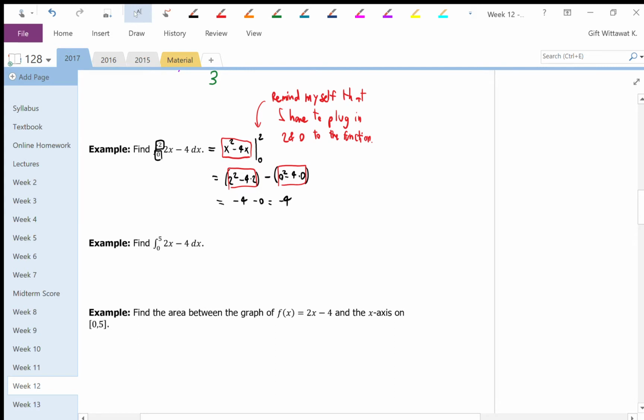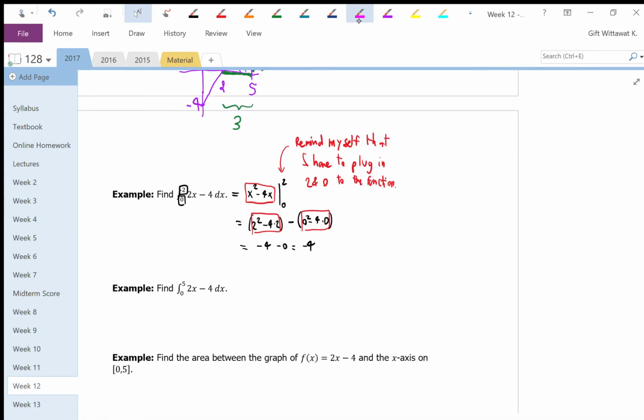Now to recap, generally, if you want to find the integral of f of x from a to b, the steps are basically this. I need to find the antiderivative.